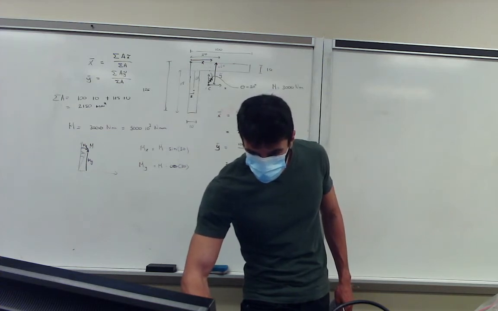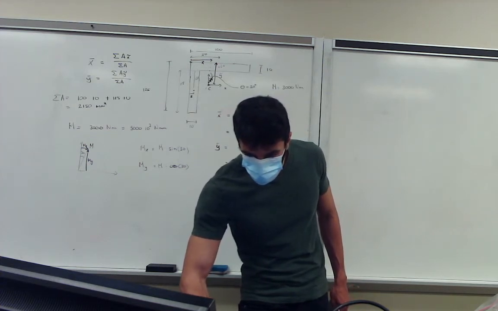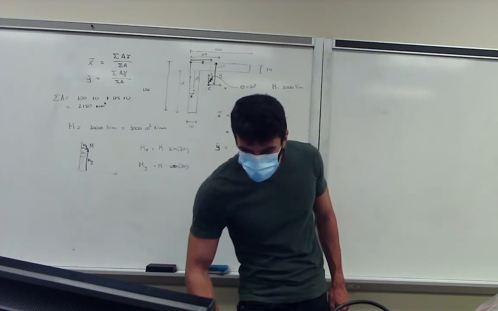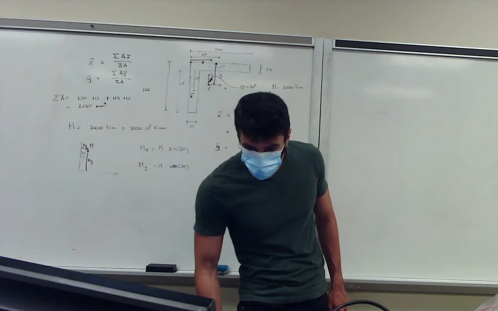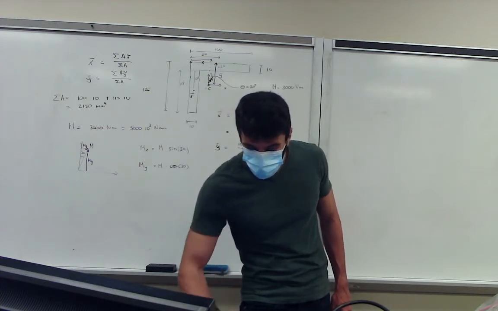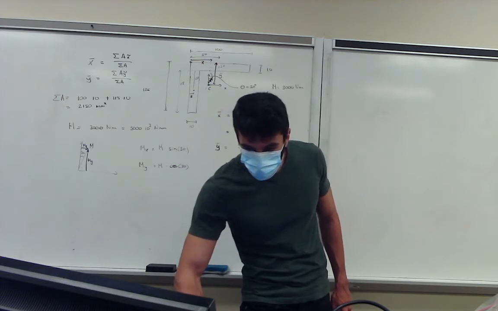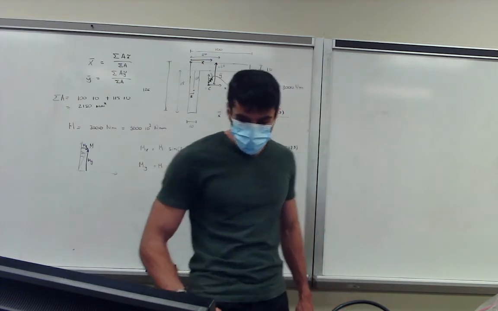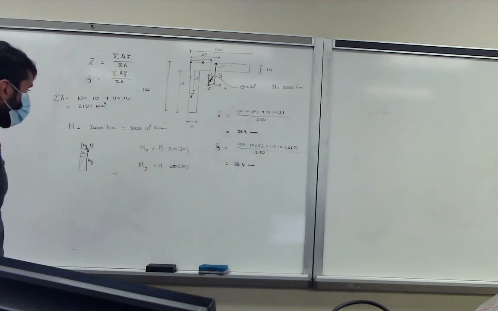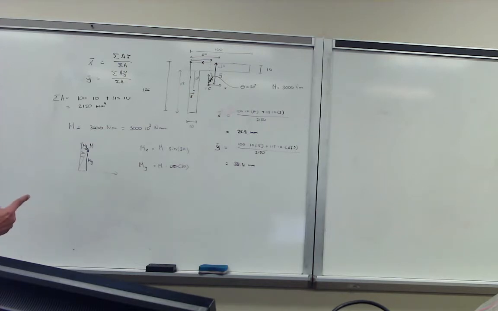Let me just double check the correct angles given. So it's 30 degrees with respect to the vertical axis. Yeah, it should be sine and cosine, right? Do you all get that as well?